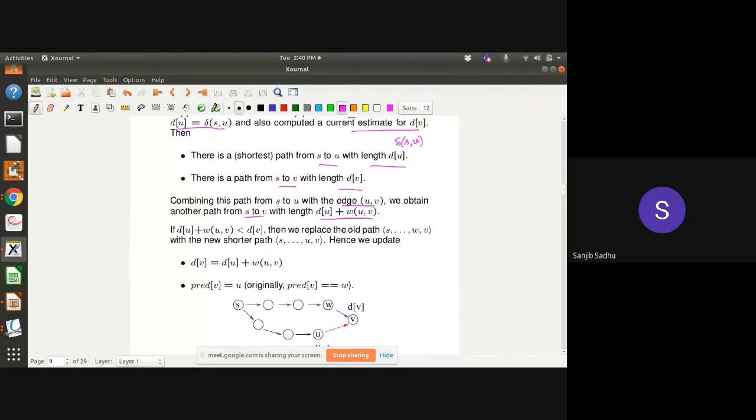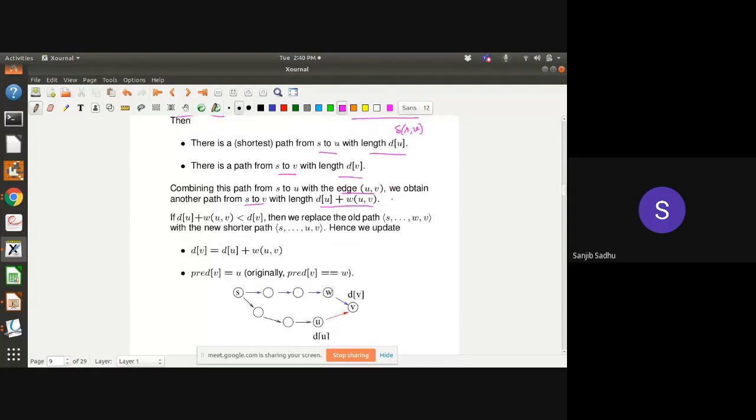See the figure, see what I am doing. This is the vertex V. I already have a path from S to V, this one, which is dv. Now I am exploring U.